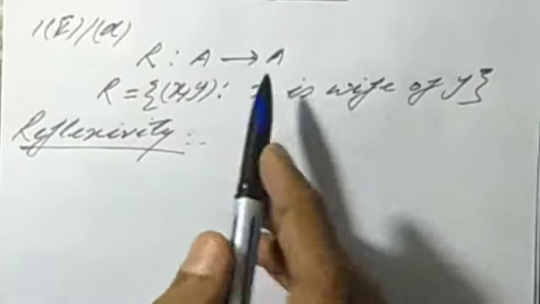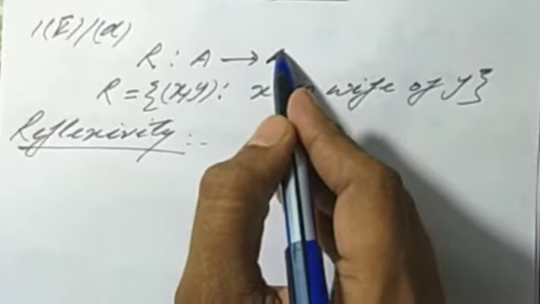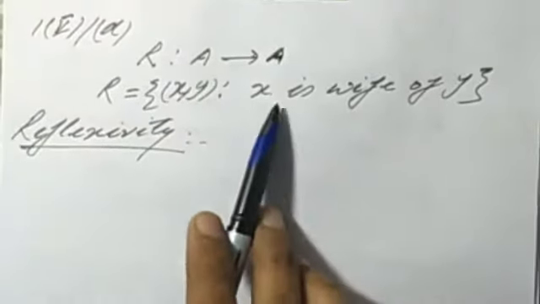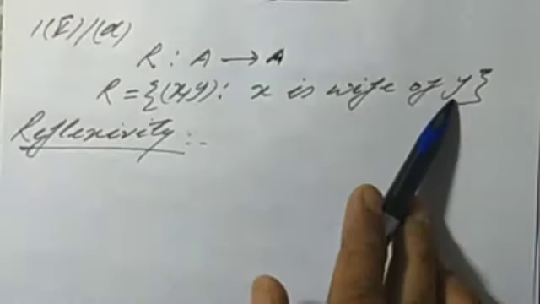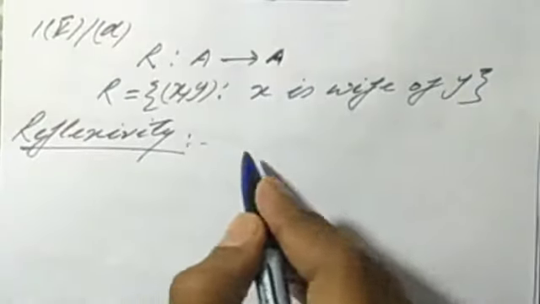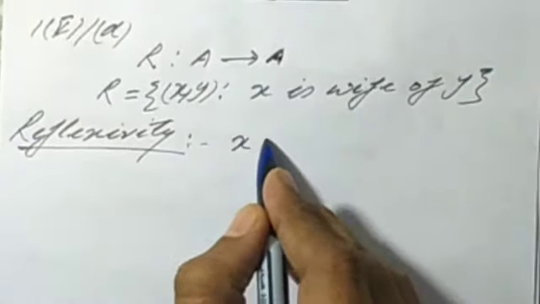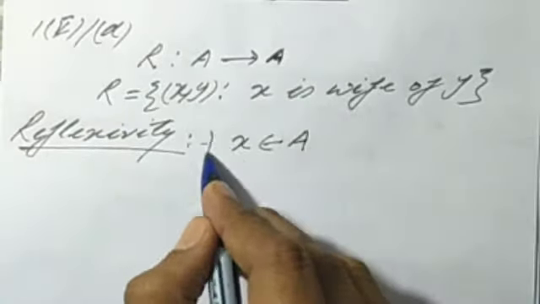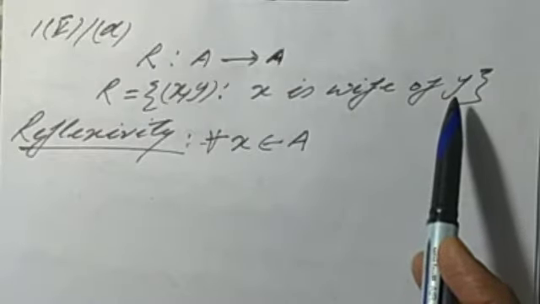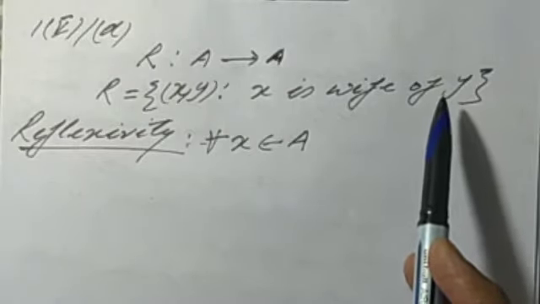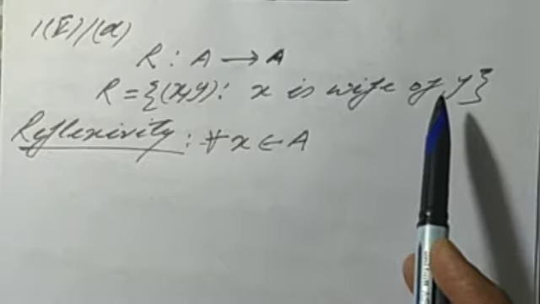Now we come to fifth D part, where R is a relation from A to A, where A is the set of the persons of a town and R is defined as ordered pair (x, y), where x is wife of y. So for reflexivity, we may take any arbitrary element x from domain. Obviously x is wife of x is a false statement because no one can be wife of herself or himself.